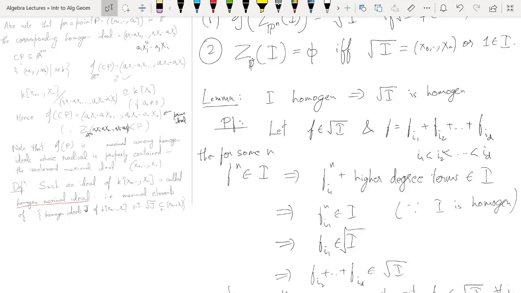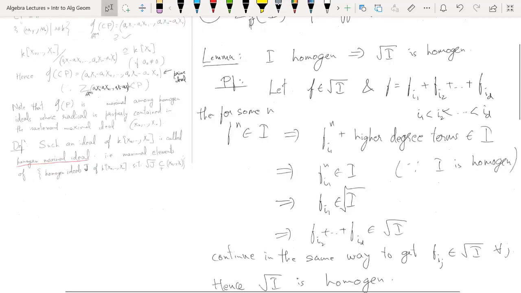I'm just going to list those degrees for which the homogeneous pieces are non-zero: f_{i1}, f_{i2}, ..., f_{id}, where i1 is strictly less than i2, and so on. You can list all of them, but it doesn't matter.